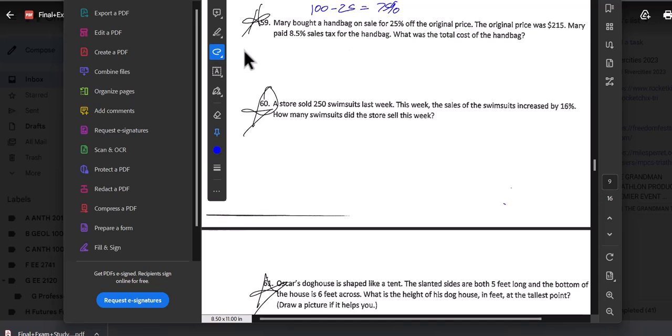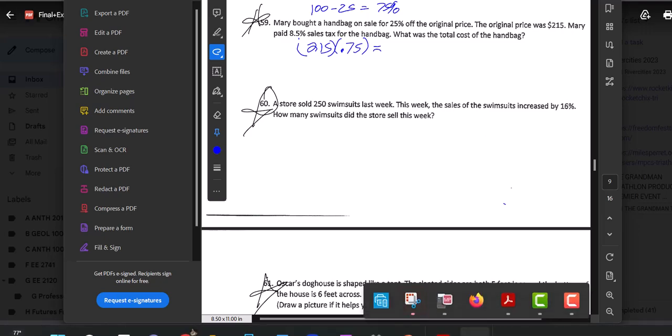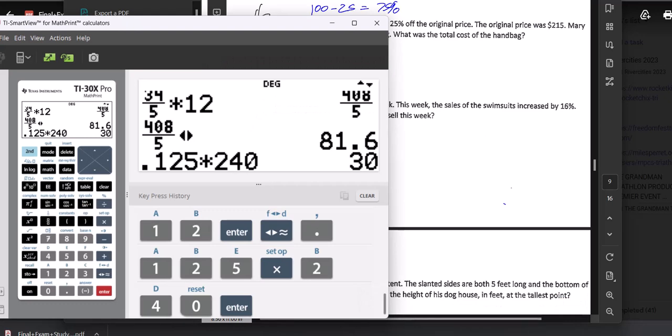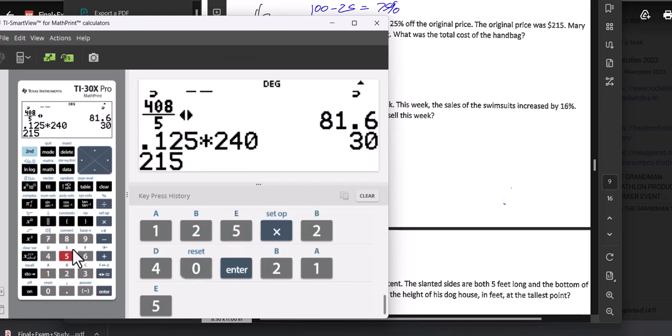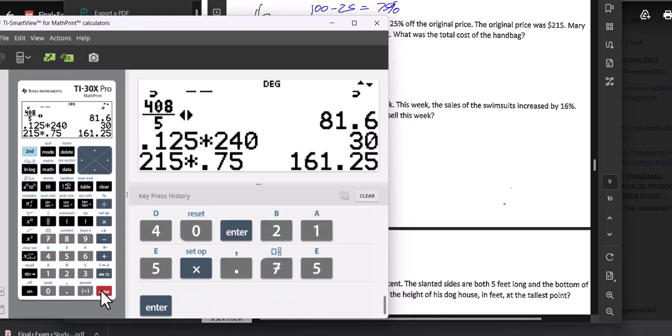So we multiply the original price times 0.75. Let's figure out what that is. $215 times 0.75 is $161.25.